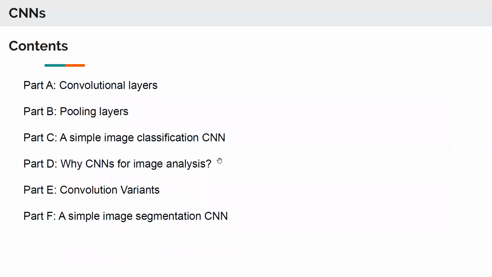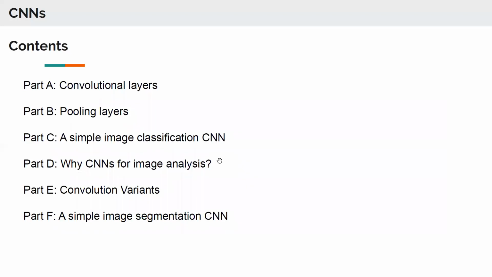Okay, so having laid down the motivation, here's now the agenda for the rest of the lecture. We will start by looking at what are known as convolutional layers, and then we will move on to pooling layers. These two types of layers basically form the main building blocks of CNNs. And once we have that, we can already look at a simple CNN for classification.